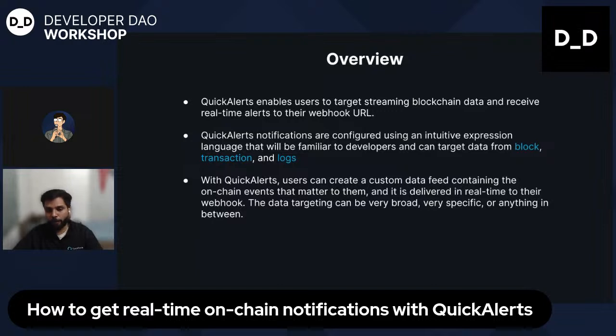You have a broad variety of use cases which you can target Quick Alerts for. So it's nothing like you can only listen for smart contract events, or not just for NFT mints, or not just for token transfers. You can basically target any data or any activity which is happening in a block.